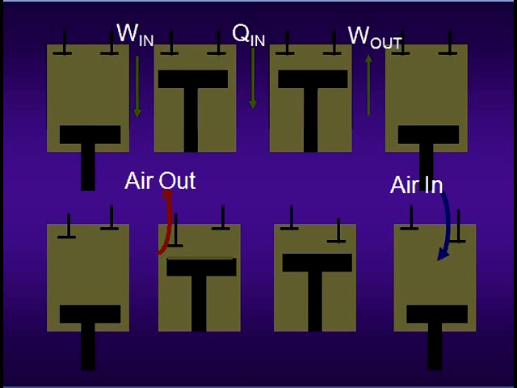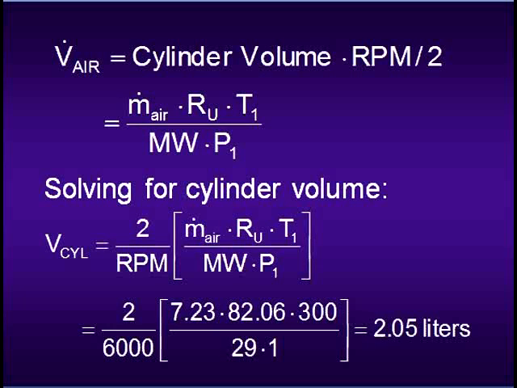So the crankshaft has to go around twice per every thermodynamic cycle. So that's why I had that 1/2. So the volume of air processed is equal to cylinder volume times the RPM divided by 2.